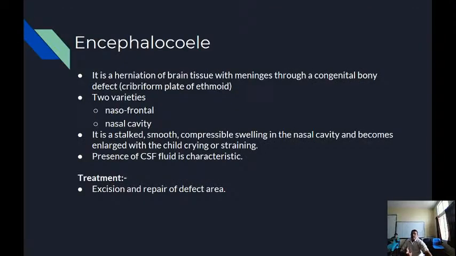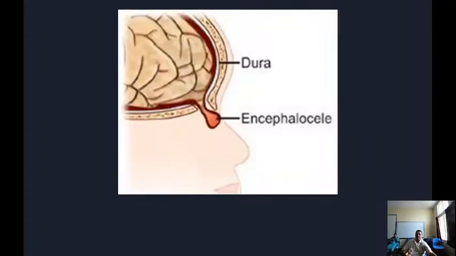And then we go to another third condition, which is also not a tumor. This is nothing but herniation of the meninges along with sometimes the brain tissue. This is called encephalocele. The characteristic feature of this encephalocele is that when the child cries or coughs, there is an increase in the size of the swelling, because this is the one which contains the dura mater, the pia mater, how it herniates through that, and you have the CSF in this.